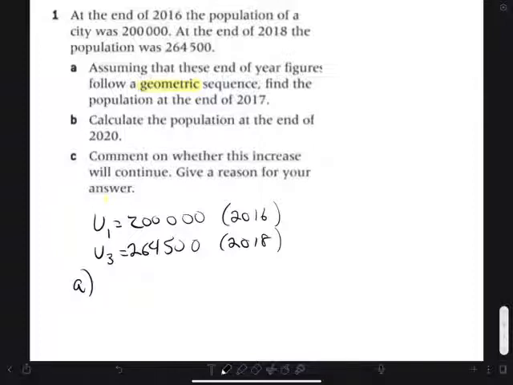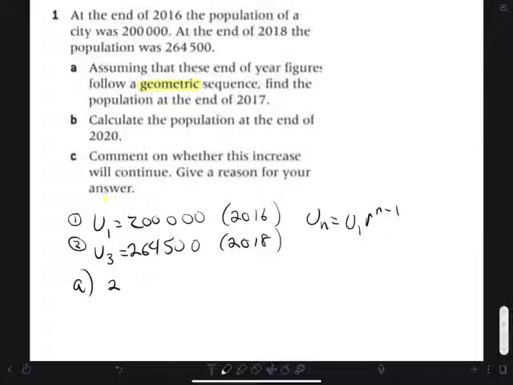Okay. Well, to be able to do that, you can kind of work it out in your head, I guess, but I think I'm going to have to approach it the same way I did last question. So if I look at this, 2 bits of information, and I'm going to divide the 2, just like I did before. So I'm going to do this one quickly. So remember, un equals u1 r to the n minus 1.